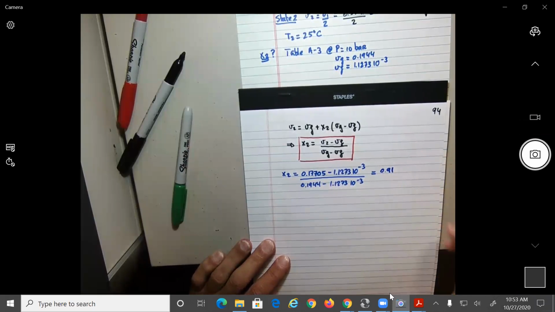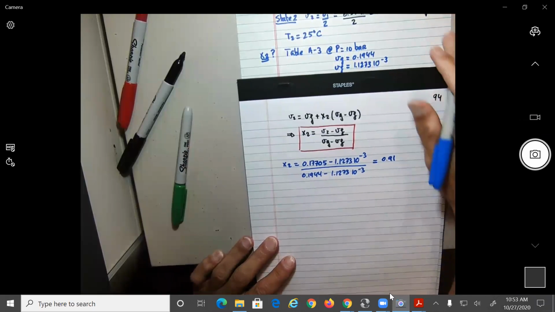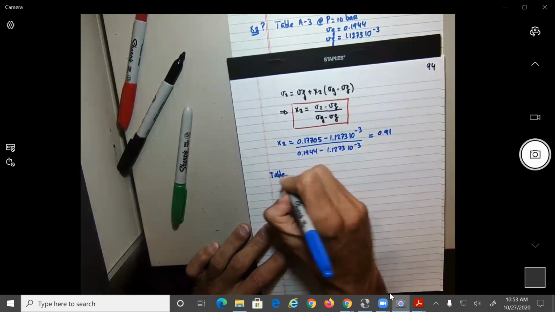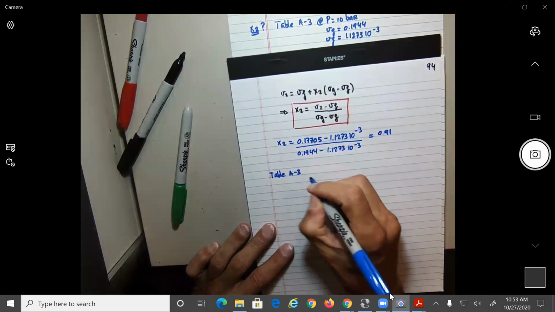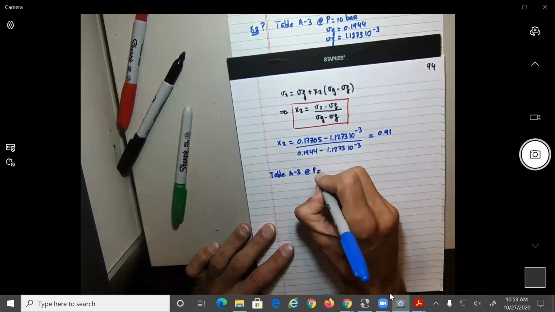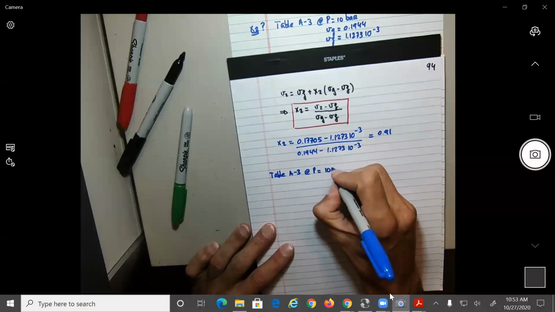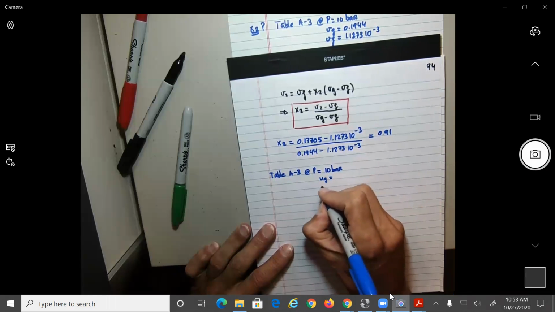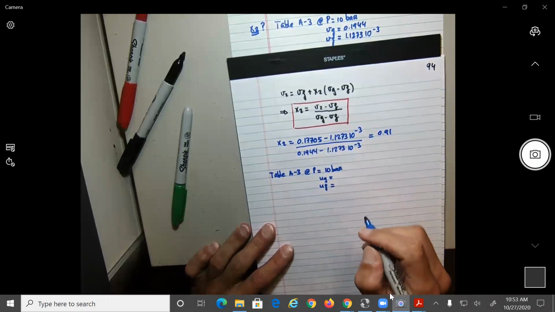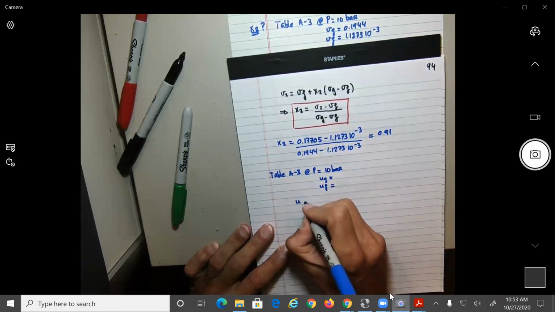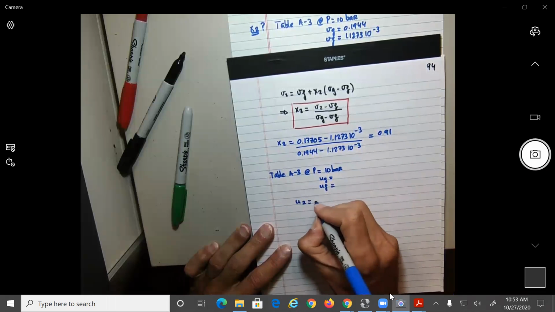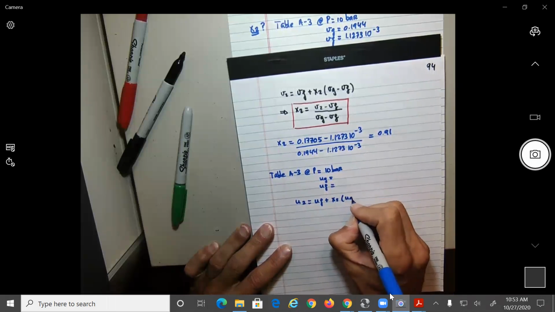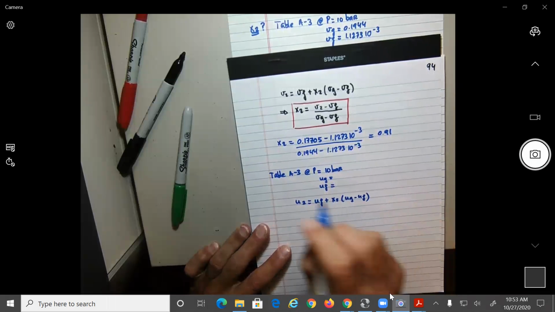Okay, similarly, what we need to do, since we are doing this now, from table A3, at P equals 10 bars, we need to find UG and U fluid. So we can calculate U2 will be equal to U fluid plus X2 times U gas minus U fluid.